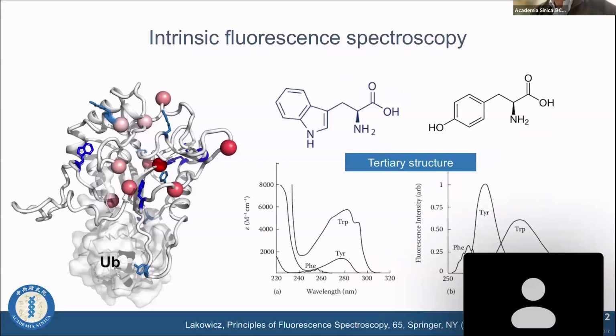We can also use intrinsic fluorescence spectroscopy, and the exposure of these chromophores would change the spectral signatures. So we can compare the natively folded protein and unfolded proteins. They would have different fluorescence spectra. By comparing different spectra as a function of time, temperature, or a chemical denaturant, we can define the degree of structure reflected by the intrinsic fluorescence.